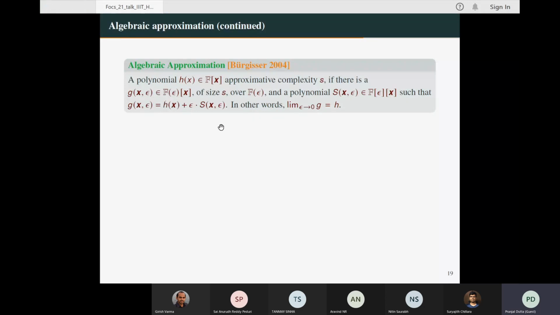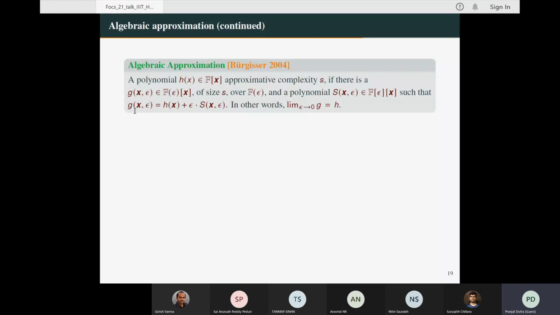Epsilon tends to 0. We say that if G has size S over F(epsilon), then this limit polynomial H has approximative complexity S. In some sense, H is approximated by the circuit G of size S. That's why it is called approximative complexity.